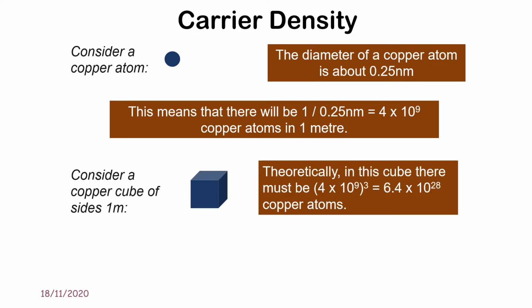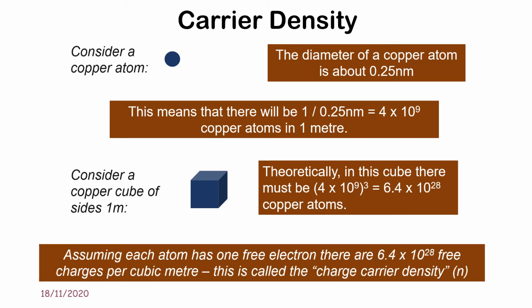Considering a cube of copper of size 1 meter, theoretically, in this cube there must be 4 times 10 to the power of 9, cubed, which equals 6.4 times 10 to the power of 28 copper atoms. Assuming each atom has one free electron, there are 6.4 times 10 to the power of 28 free charges per cubic meter. This is called the charge carrier density and given the symbol n.